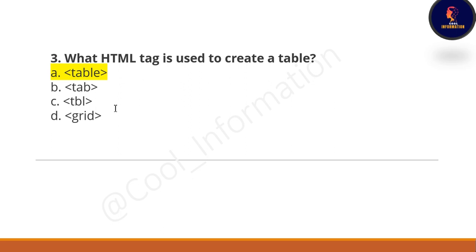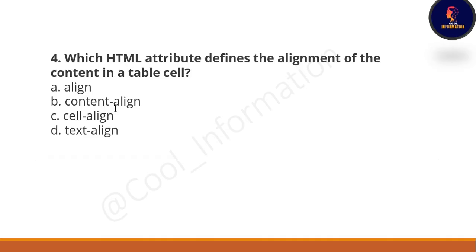Okay. Next question. Which HTML attribute defines the alignment of the content in the table cell? Options are align, content align, cell align or text align. Now see, most of you will be confused between the first and the last option, as the first option is align and the last option is text align.